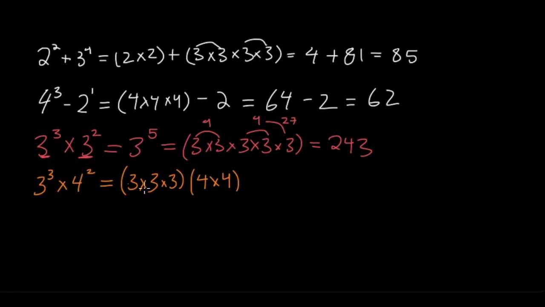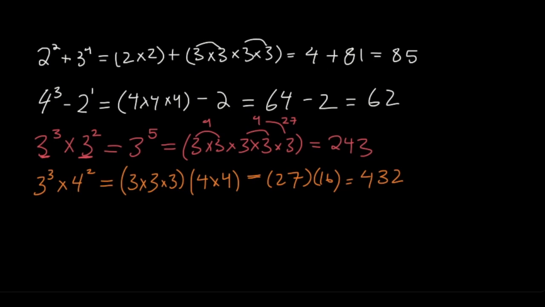So now I've written this one out, and I know that between them is the operation of multiplication. So, 3 times 3 is 9, times 3 is 27, 4 times 4 is 16. So, what happens when you multiply 27 times 16? You get a pretty large number, you get 432.